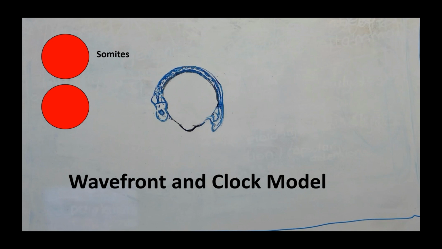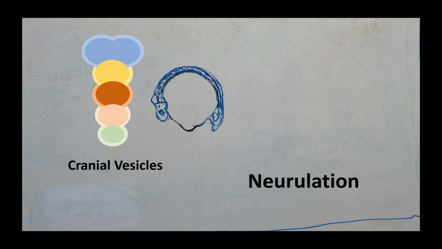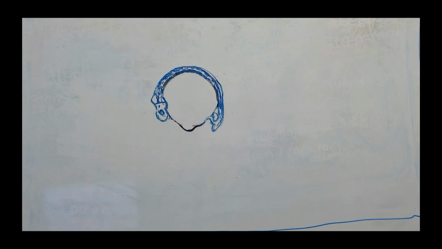This model produces ephrin B at the posterior end of the somite and ephrin A at the anterior end. Electrostatic interactions repel the forming somites, enabling individual muscle and bone formation. Neurulation also commences, which forms neurons and cranial vesicles, which develop as the brain.